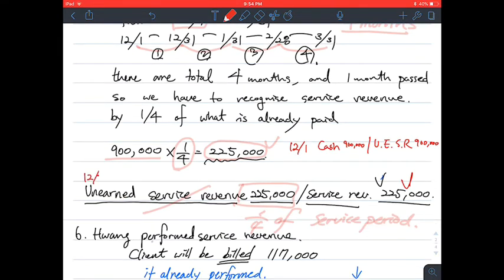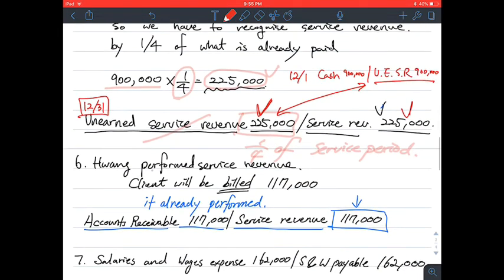So December 31st, journal will cancel out the unearned service revenue, which is an obligation, by $225,000. So our obligation has reduced after 1 month of service.